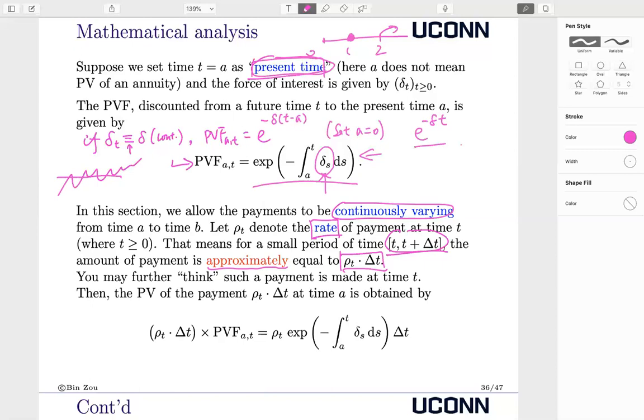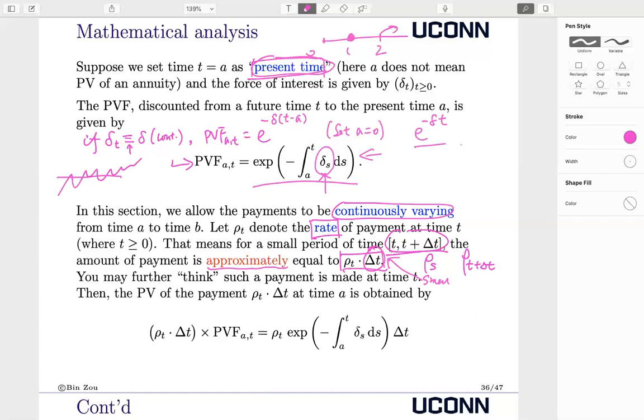At the starting point it is rho t, and then as time moves by it becomes rho s, and at the end point it becomes rho t plus delta t. So even for this small time period, the payment rate is changing as well. But because this delta t is very small, using the starting rate is quite accurate.